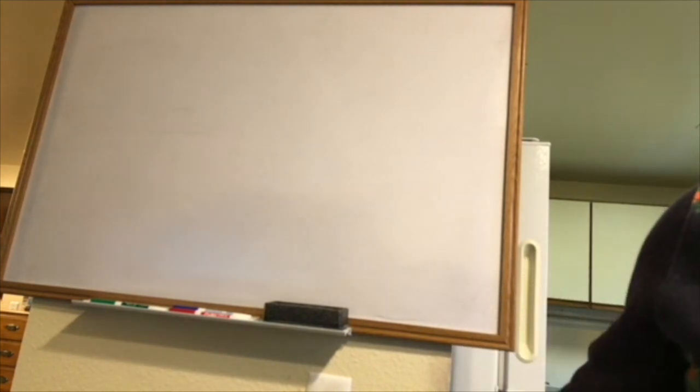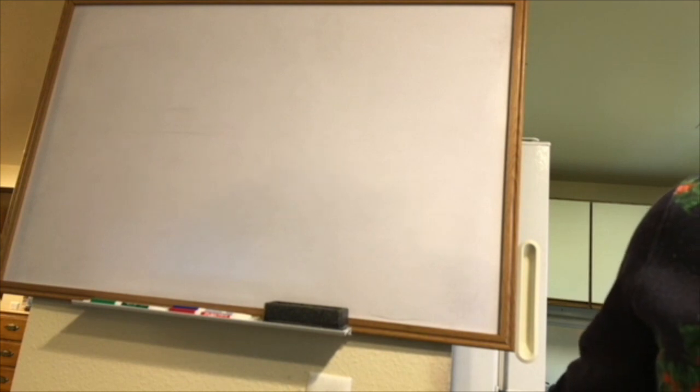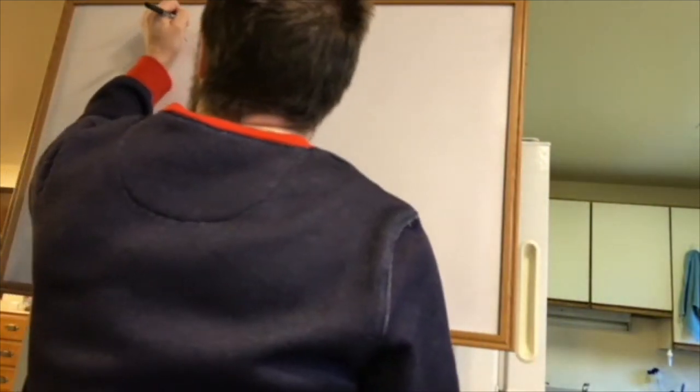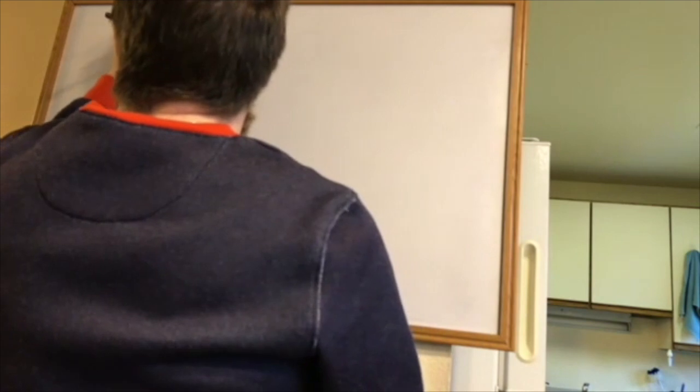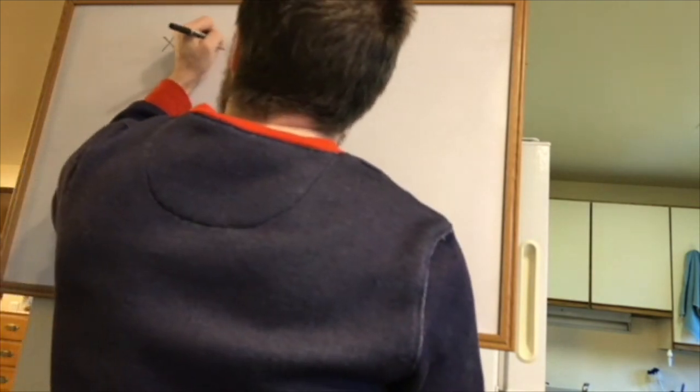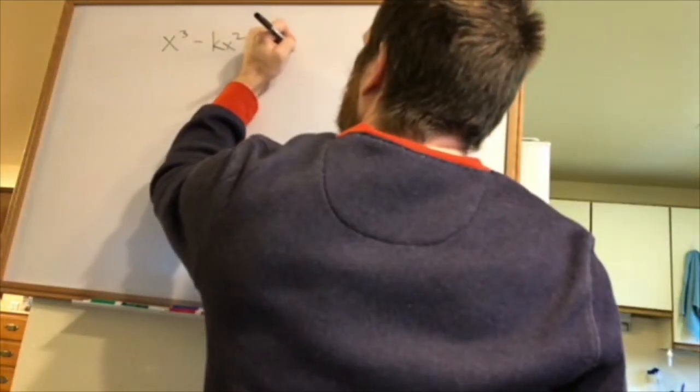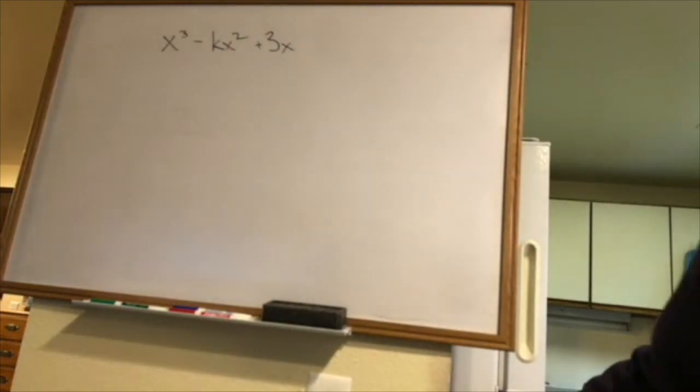So number 31: find k so that this thing divided by that has remainder 0. It says we're taking x cubed minus kx squared plus 3x plus 7k.